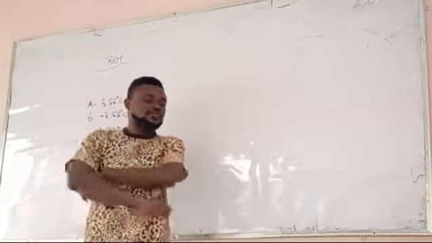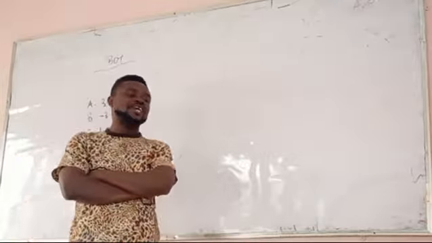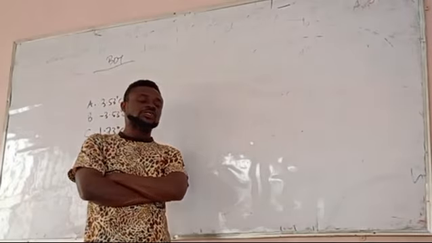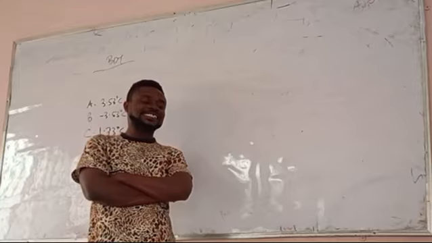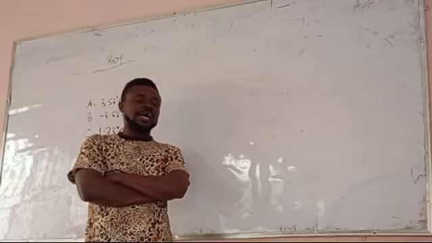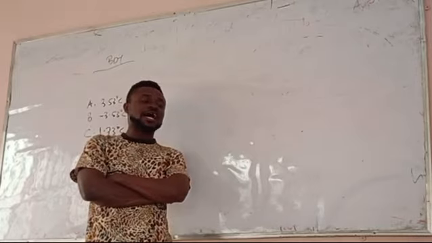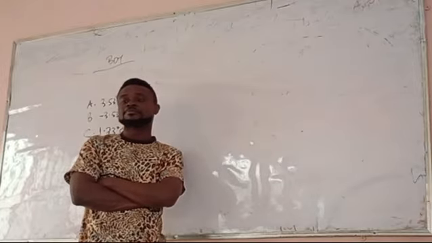The question says sodium chloride is a 2-ion electrolyte dissociating 90% in a certain concentration. Calculate the freezing point of a molar solution of sodium chloride.